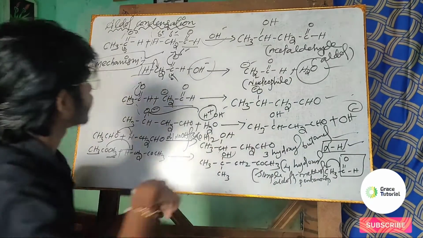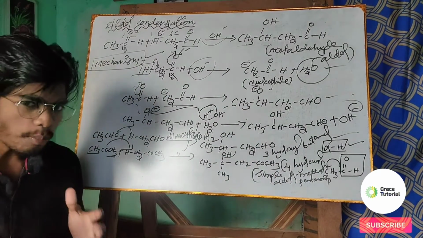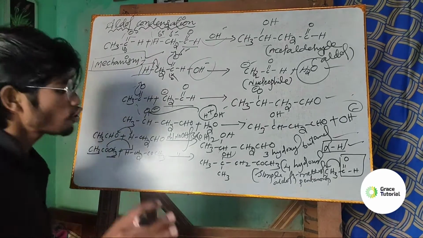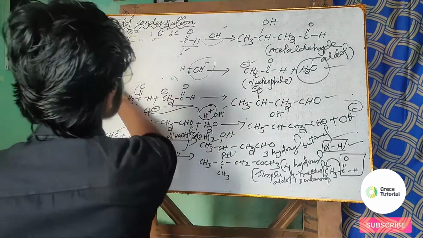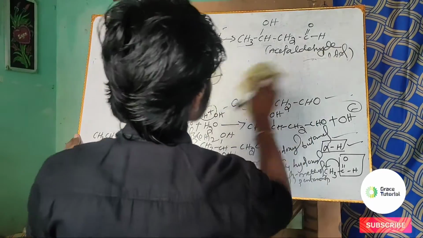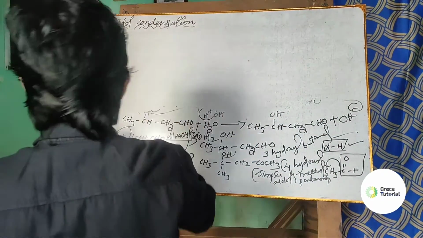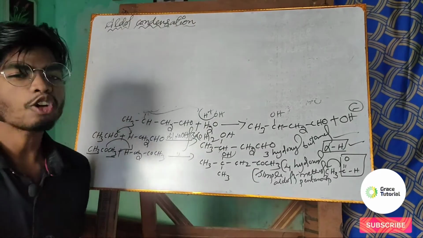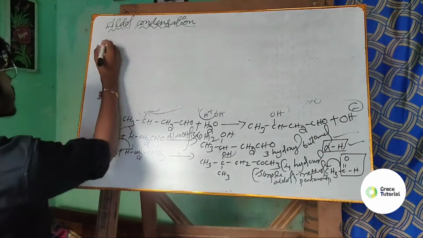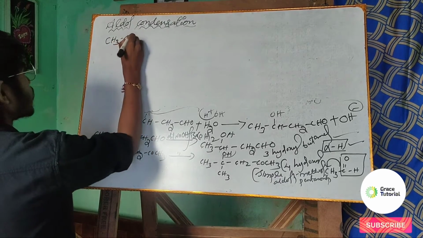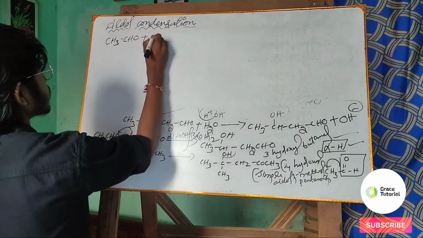So what do you mean by the cross aldol? Let me analyze the point of the cross aldol. In cross aldol, what do we do? Suppose you have acetaldehyde, CH3 CHO.